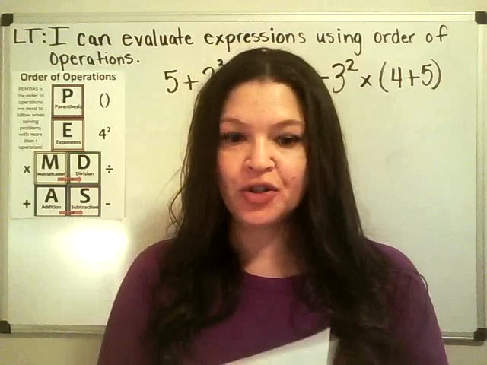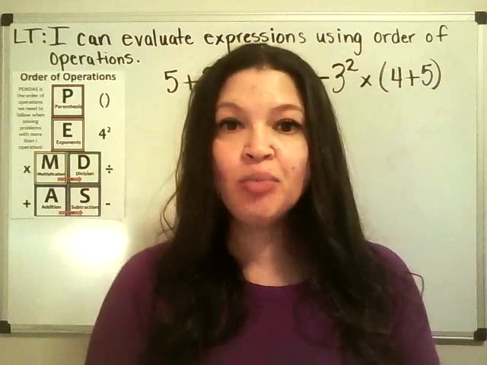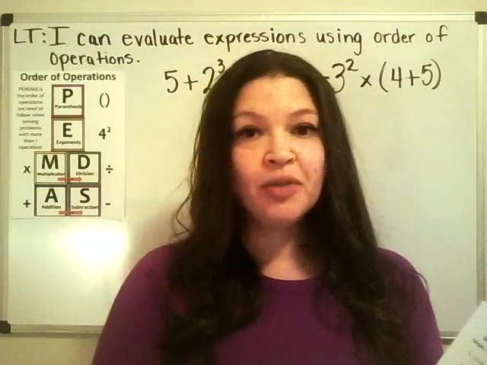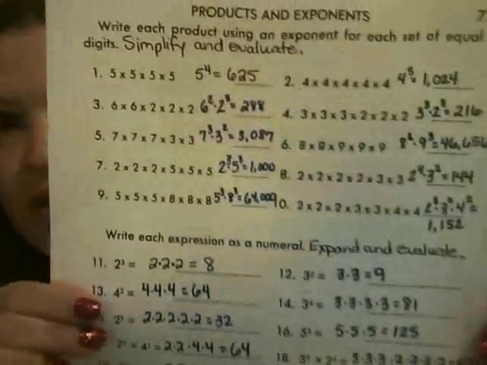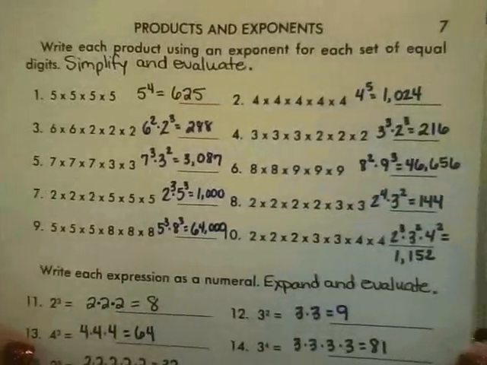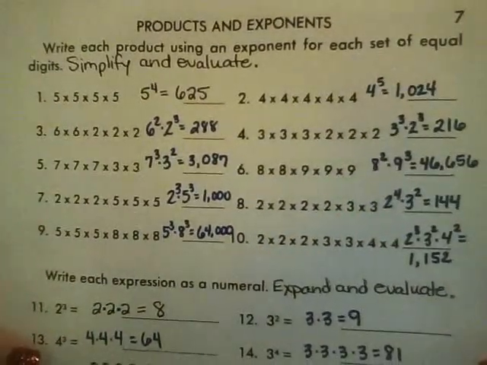So we're going to start with the first section, which was 1 through 10, where you had to simplify the expression and then evaluate the expression. Hopefully you can see the 1 through 10. Go ahead and pause if you need to.